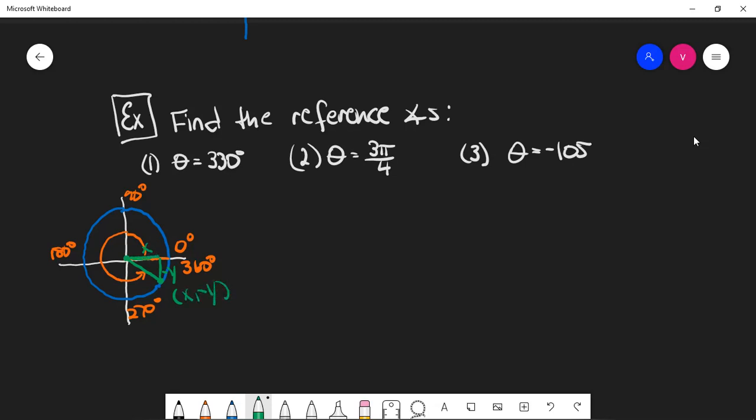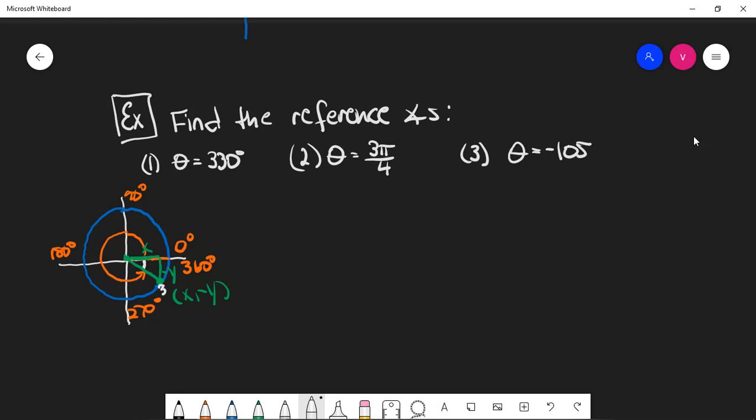Think about it. Any point in the fourth quadrant is a positive x and a negative y. This is 0, 0, the center of the circle. So this angle right here is your reference angle. The reference angle here, what is between 330 degrees, right?